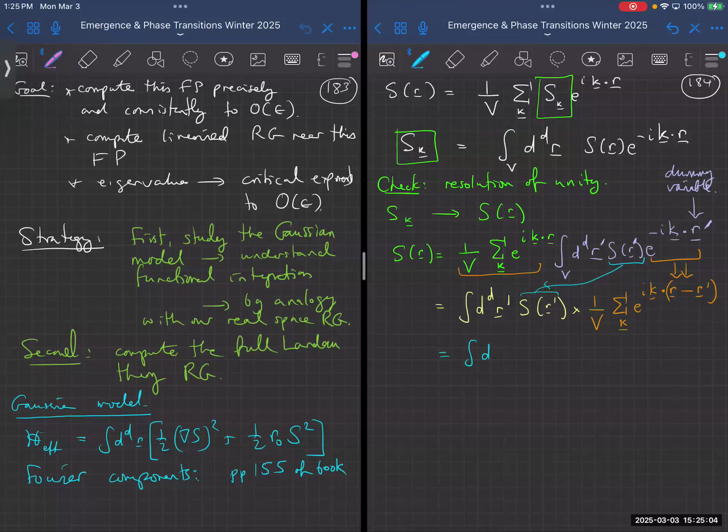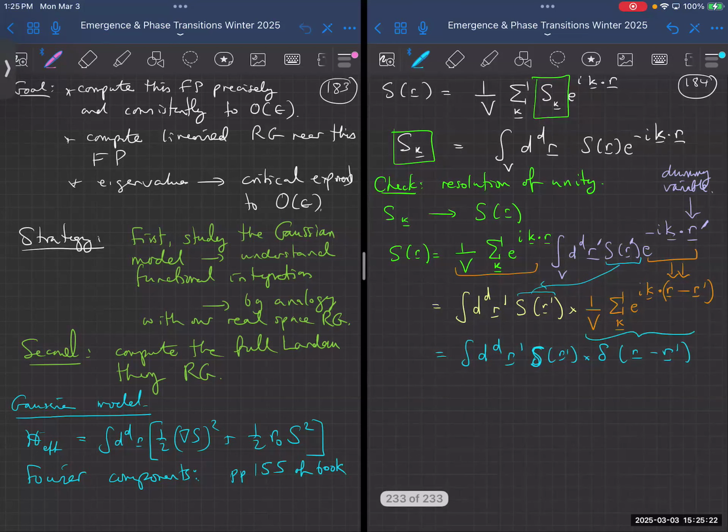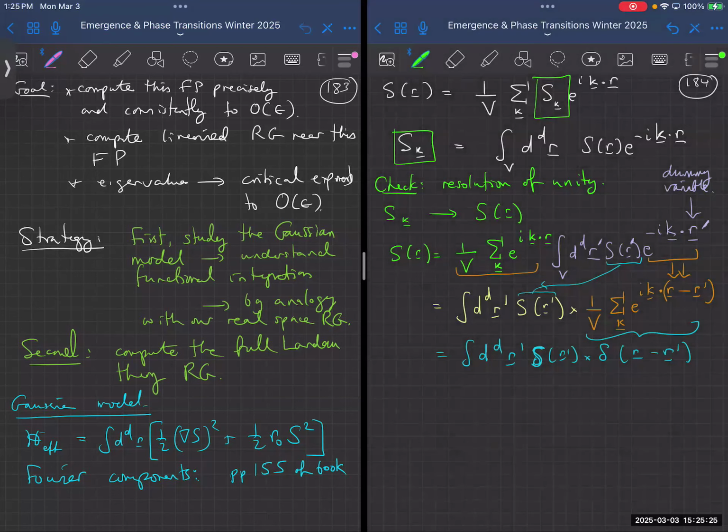So this is equal to the integral d r prime S of R prime times the only thing that can make this magic happen, the left-hand side equal the right-hand side, if this thing over here is delta of R minus R prime. And so what we've learned from this exercise is that the expression 1 over V sum over K e to the i K dot (R minus R prime) is equal to delta of R minus R prime.